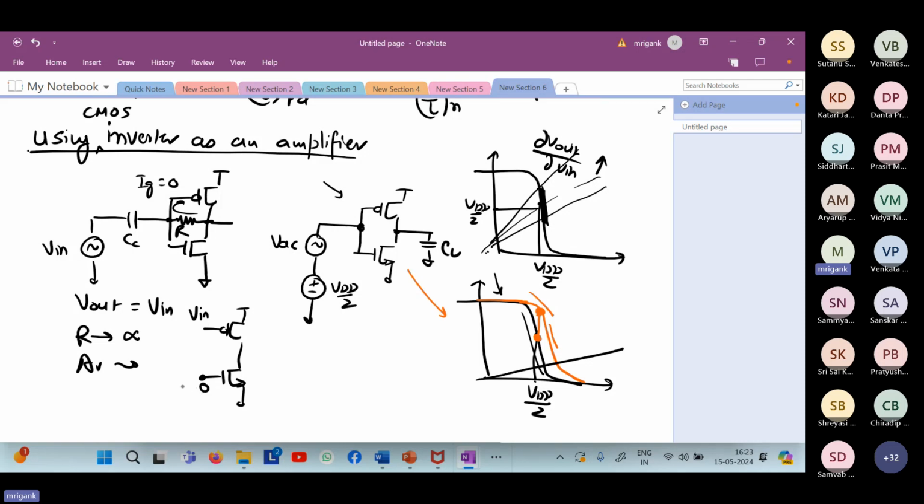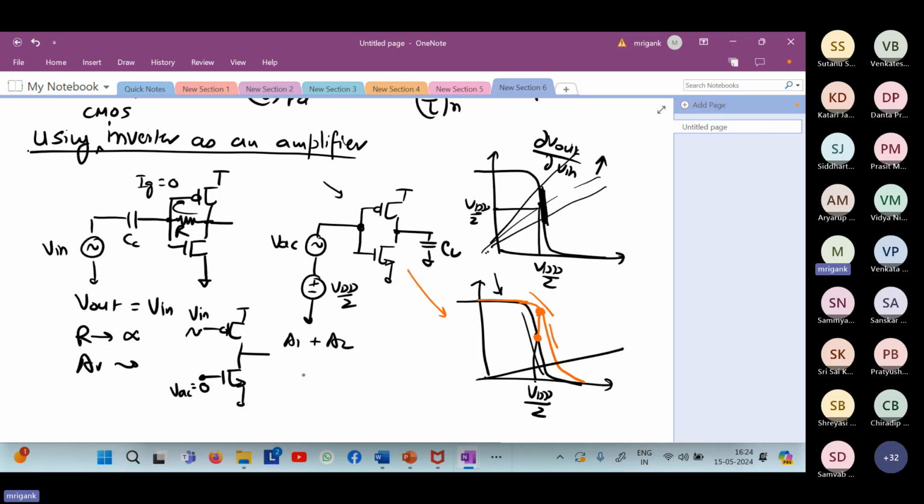In the second case, you apply the AC signal at the NMOS gate, and the AC signal at the gate of the PMOS will be 0. Although they are tied together, to get the total gain I can just use superposition. So it will be A1 plus A2.